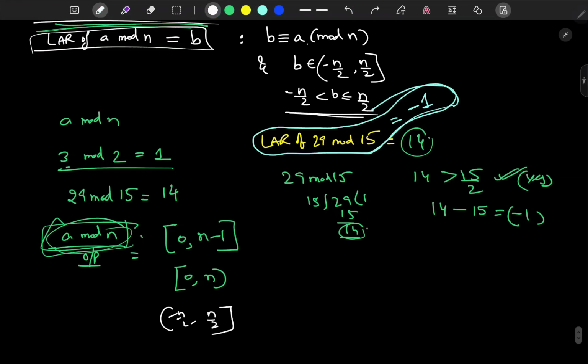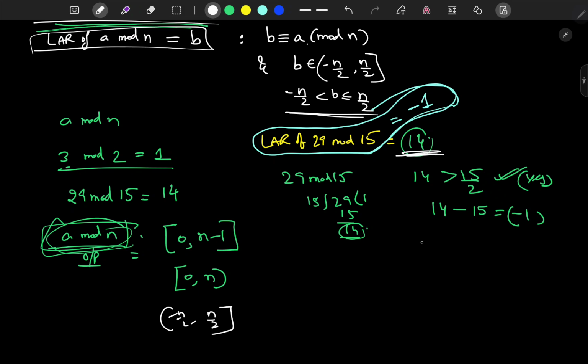This is how you have to calculate. If anyone asks you the LAR of 19, calculate normally, then compare whether it is greater than 15 by 2. If it is less than 15 by 2, no problem, that is your answer.